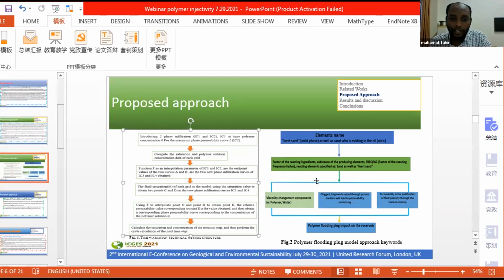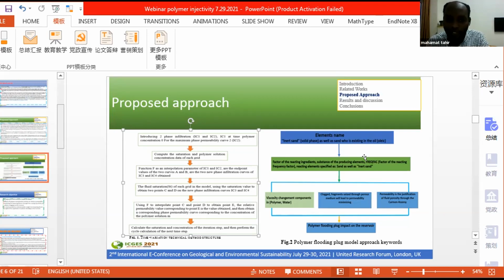On your right side, we can see figure 2, the polymer flooding plug, which is used to have an idea about the concentration, or this is about the mechanical side, which has effects on our reservoir. Some key parameters were included.